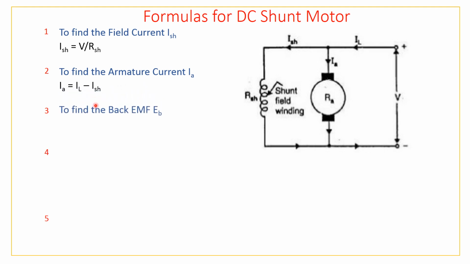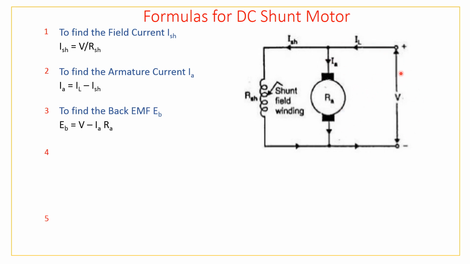Once you find IA, you can find the back EMF. EB is equal to V minus IA RA. This we have already discussed under the theory of this chapter. Here you have the back EMF voltage, and EB will be in the upper direction. EB will always oppose the applied voltage.